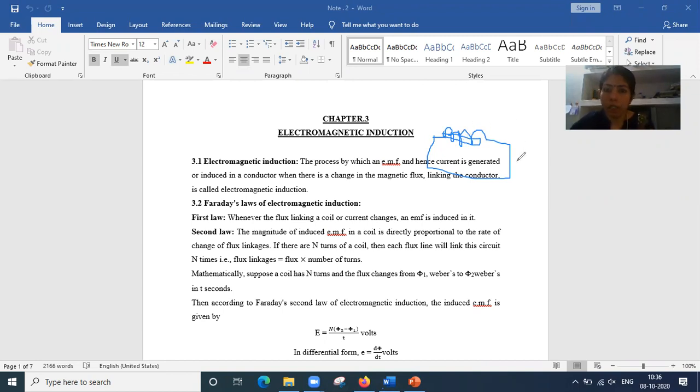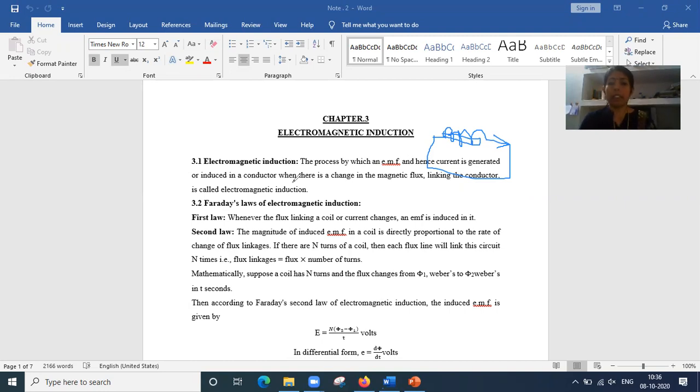We know the coil is a closed circuit, so it will produce a current.